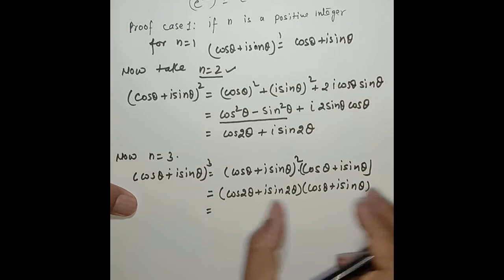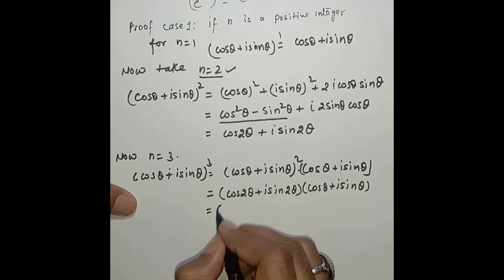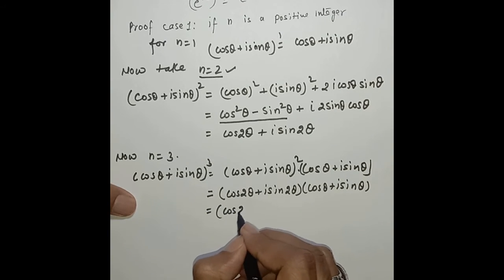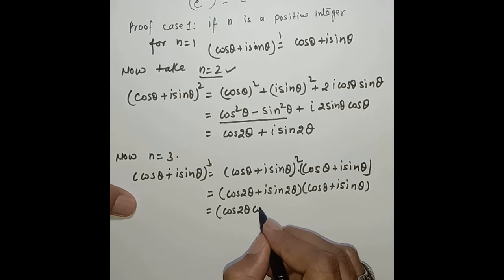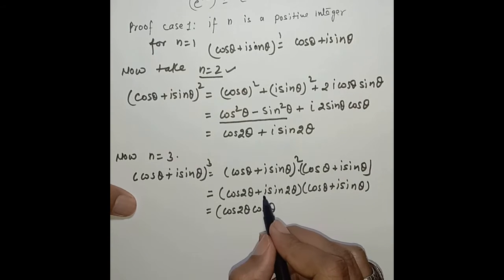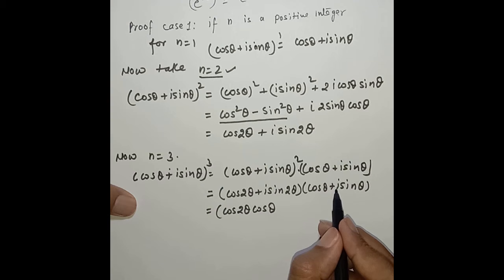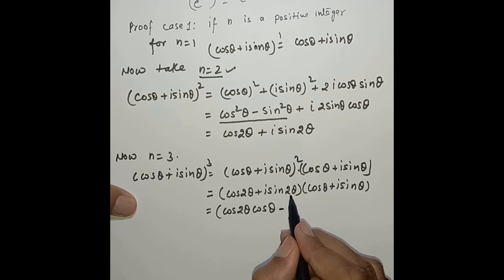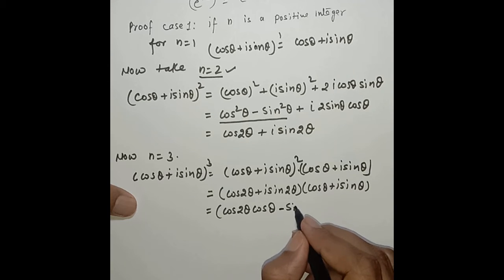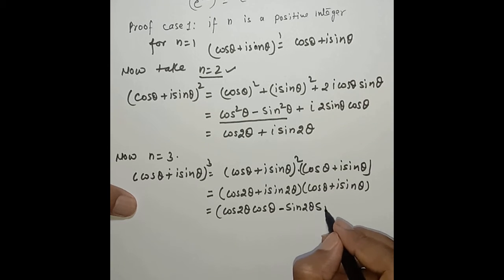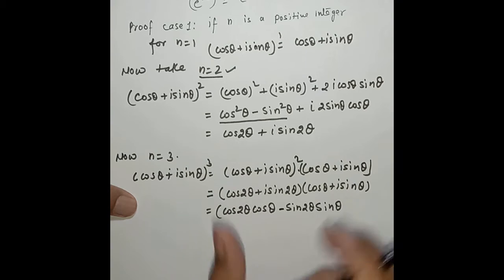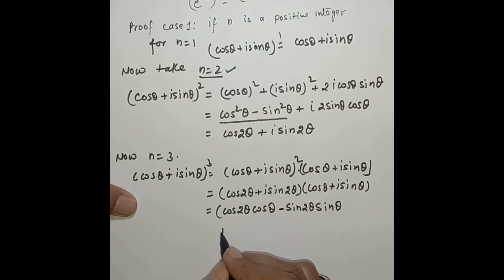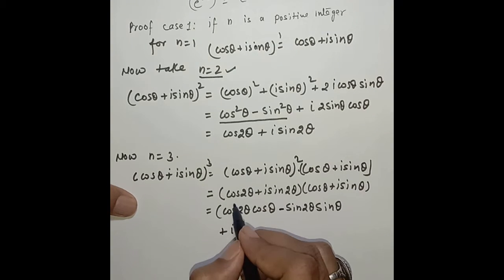If we multiply the two brackets, cos 2 theta into cos theta, and i into i is minus 1, minus sin 2 theta into sin theta. This is the real part of this product, plus i times the imaginary part.